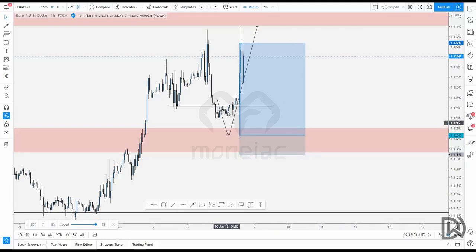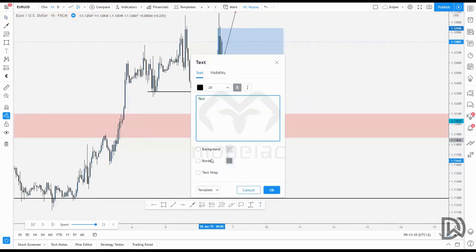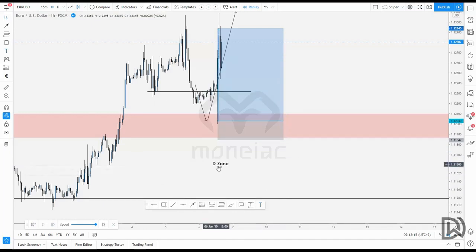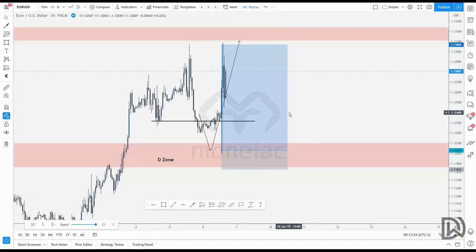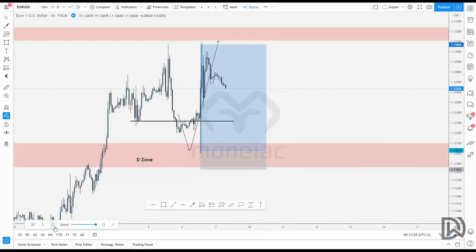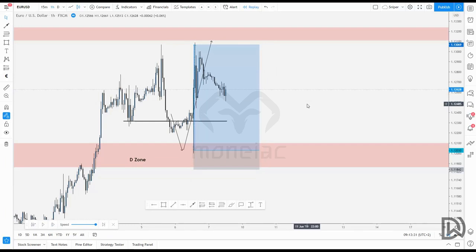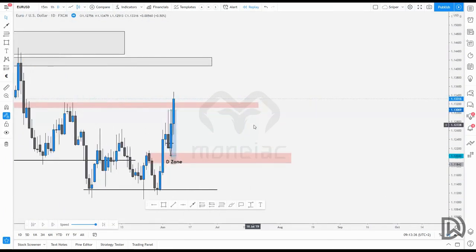Even if you saw price moving like this, because we have this daily zone of interest, we can still anticipate price to make a run towards the zone as it did over here, and then move up towards the upside. And that is what we expected to happen, and that is how it unfolded. And price does whatever price wants to do. Eventually we see price breaking that area towards the upside.